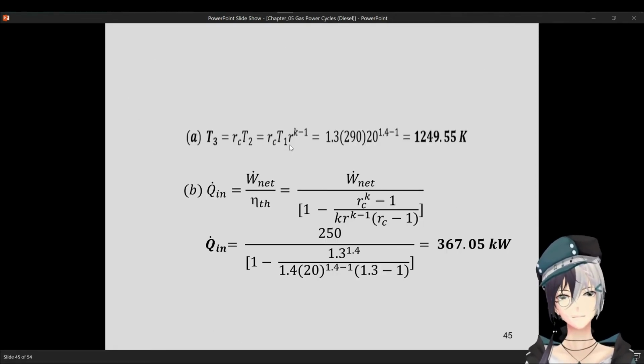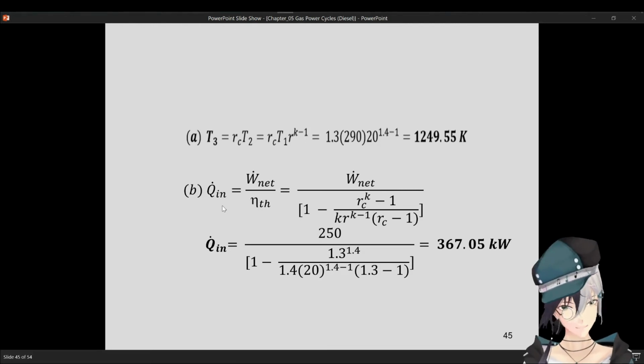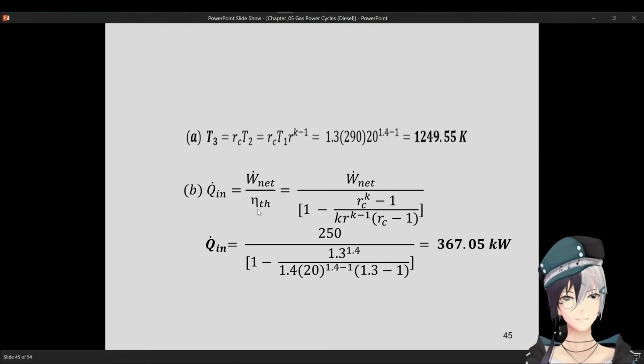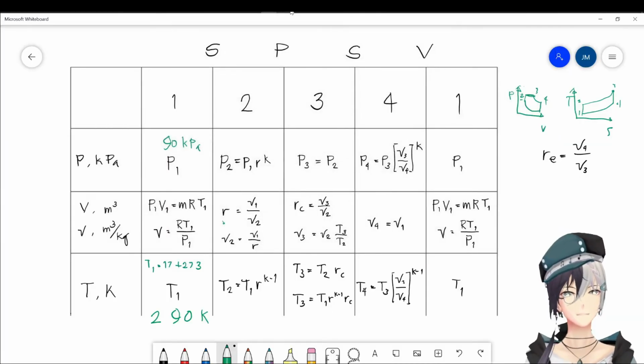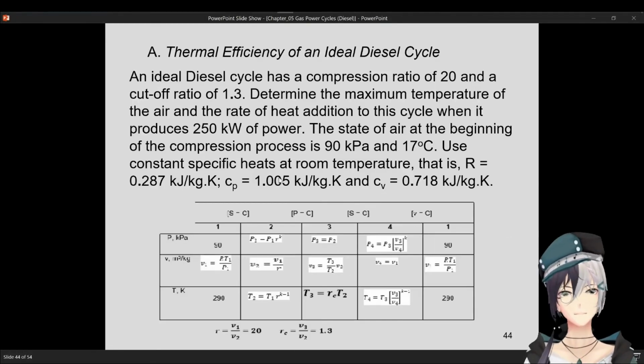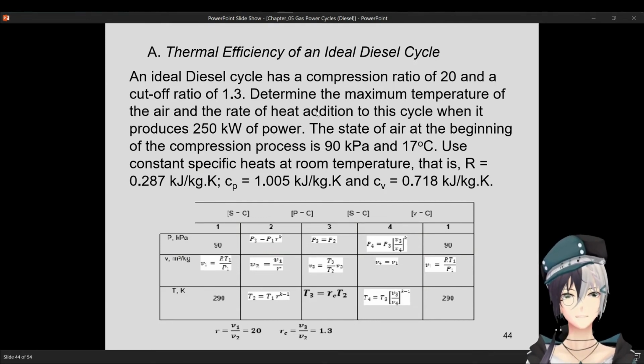Knowing what thermal efficiency is, the formula is work net over Q in. What is asked is the maximum temperature, then the rate of heat addition, Q in, when it produces 250 kilowatts of power.